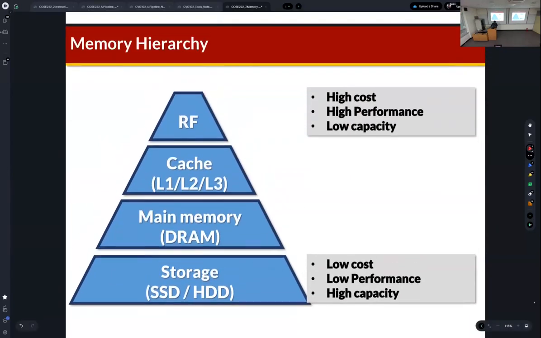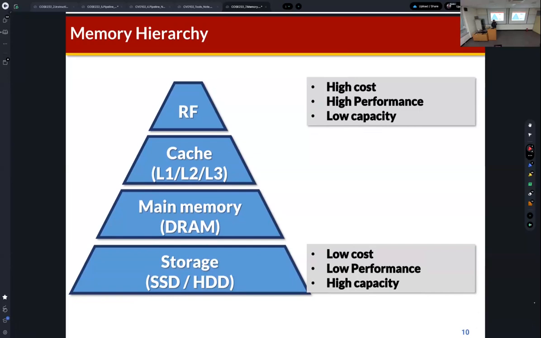Okay, so I will show this here. It's the memory hierarchy. The shape of this memory hierarchy is very similar to a social hierarchy. If you learned about some social science, then you can find a social hierarchy like this.